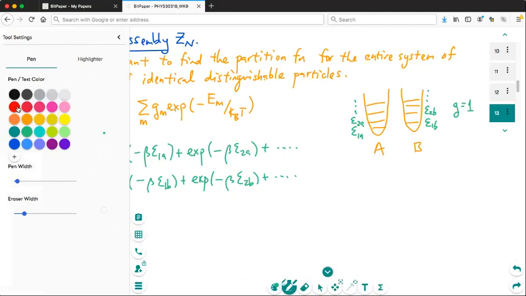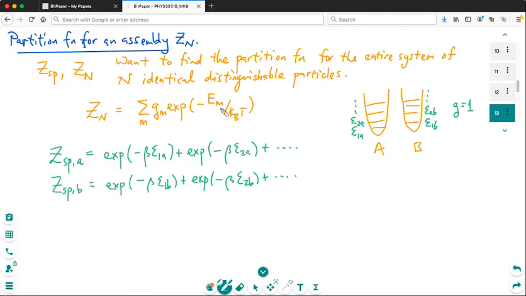Okay, now the fun thing begins. The fun thing is, how do I write this? Now, once I know how to do this, I have this expression. Okay, so first, this E_m. Now, actually, I don't want to label m because m is already used. So I'm going to say this is the system energy. This is a system of two particles for this case.